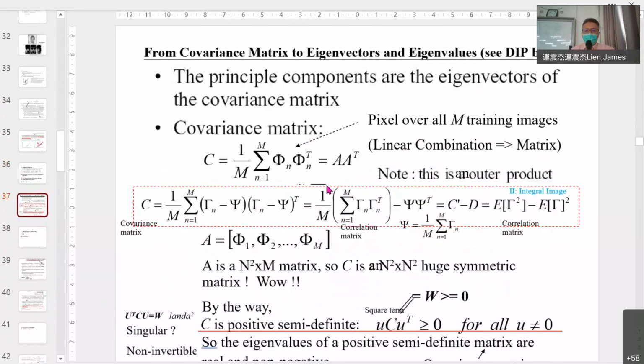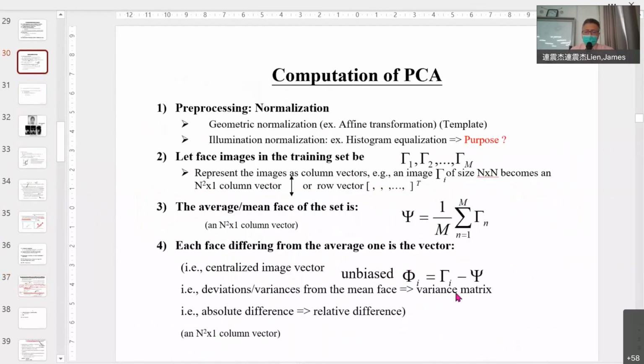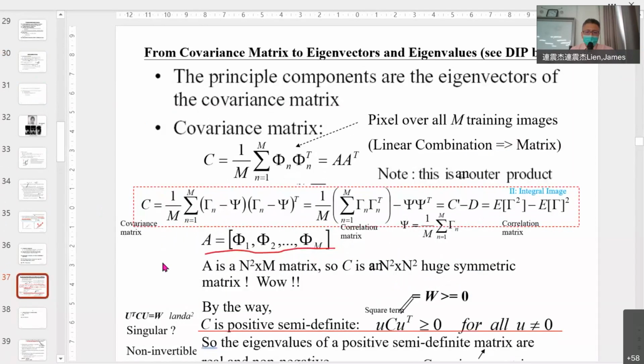After we do the pre-processing, this A is what we have processed. On page 30, this is A, the 16 images. After each image is processed, we have 16 unbiased images. The next step with A is to compute the covariance matrix.